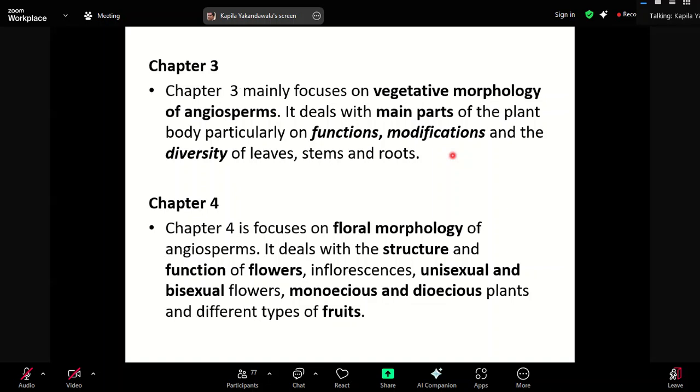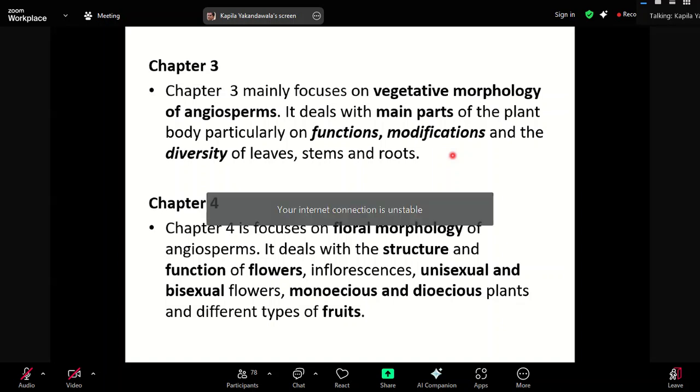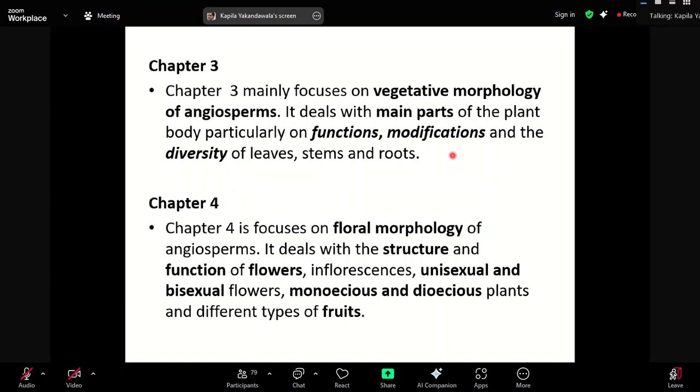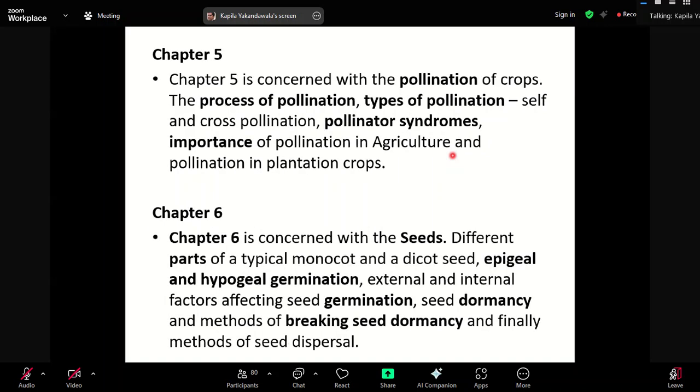Morphology means the external appearance of the plant, like the main parts: leaves, stems and roots, and their modifications. Then we move to the flowers, flower structure and morphology. Thereafter, flowers can pollinate, so a little bit about pollination biology, pollinator syndromes, and the importance of pollination in agriculture.